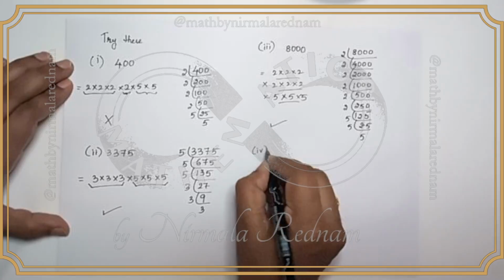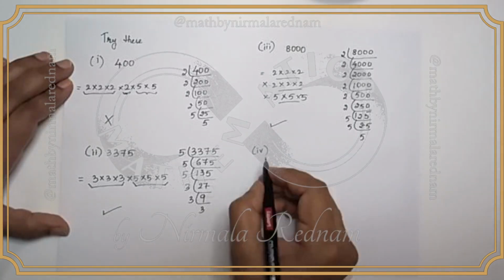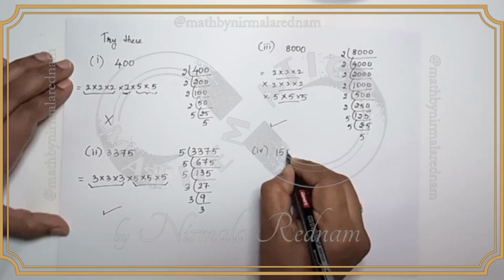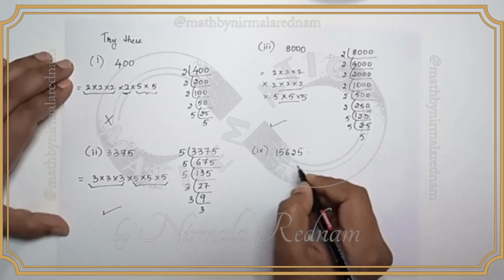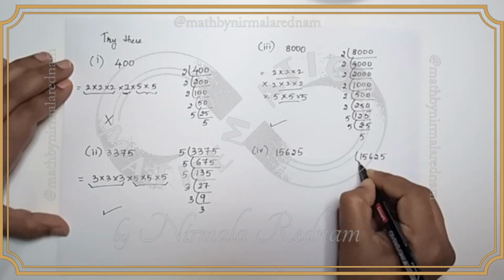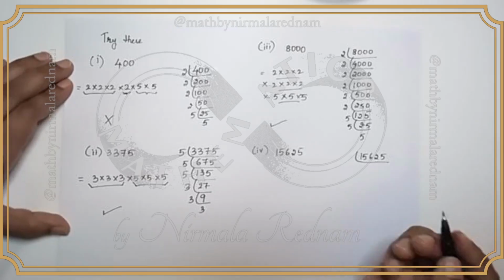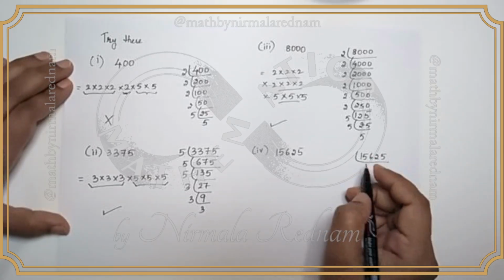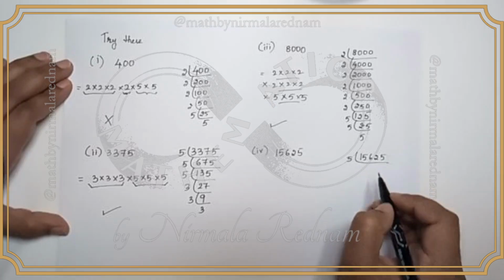Next, coming to the fourth question, 15625. Okay, because I have a 5 immediately, I'm not going to bother checking 3, because if it happens to be a factor anyway, we will come to it later. I'm going to directly go to 5.